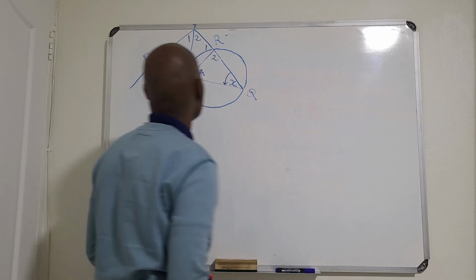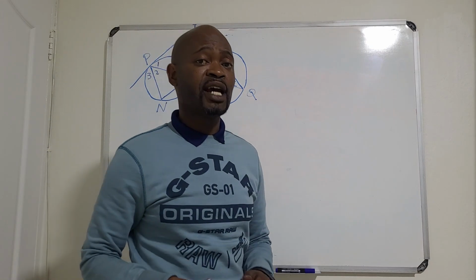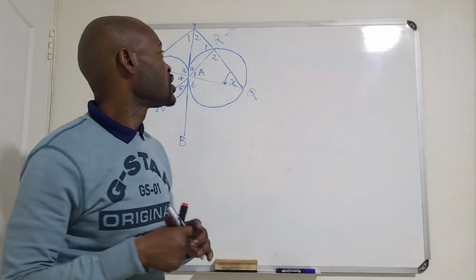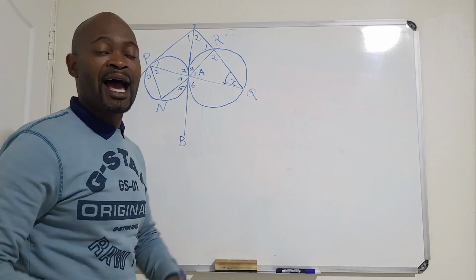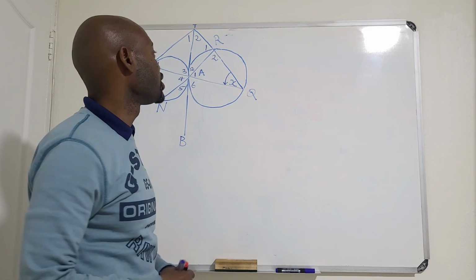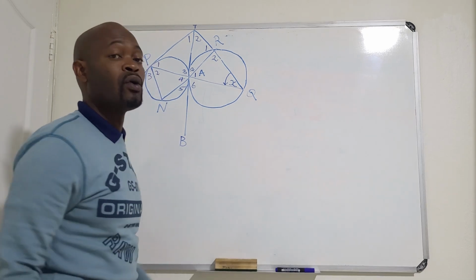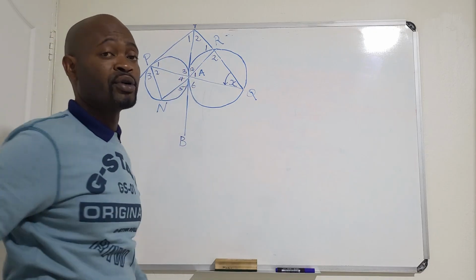Now, obviously, before we can dive into the question, we need to eliminate all the theorems which are not in the problem. In the first example, we have seen how to eliminate theorems which are not in a problem. Now, let's eliminate theorems which are not in this particular problem.